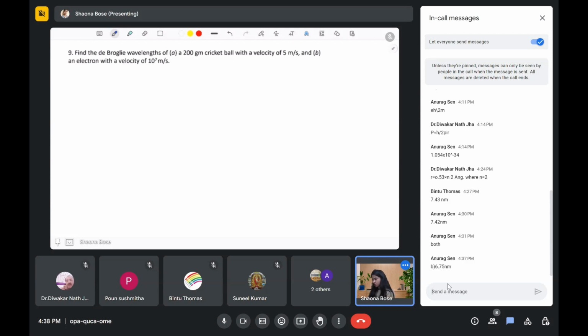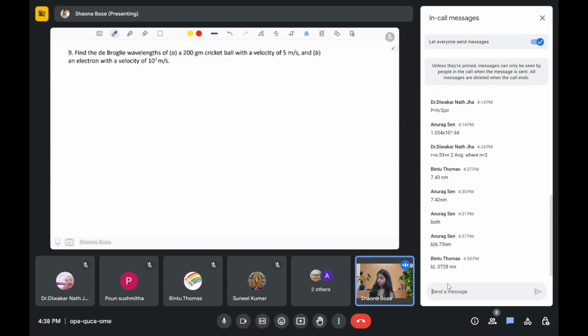So probably you should check it somewhere. 0.728 nanometers. 0.07. Yes, that is closer to the one which I have. Right. Probably here Bintu gets the crown.